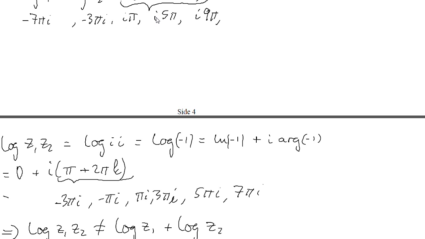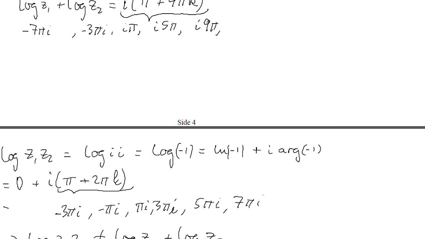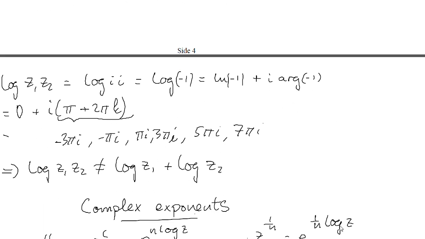It's not the same. We see that this set of values is richer than this one. It includes all the values in this set, but they are not equal. So what this means is that the general logarithm of a product is not in general equal to the sum of these two logarithms.